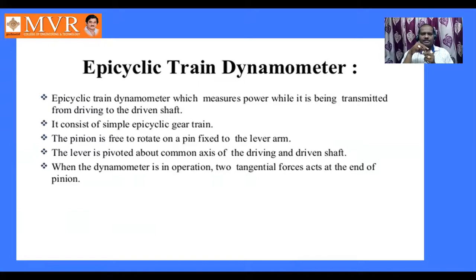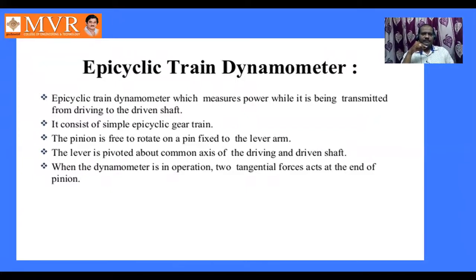train dynamometer. The epicyclic train dynamometer measures power while it is being transmitted from the driving to the driven shaft. It consists of a simple epicyclic gear train.